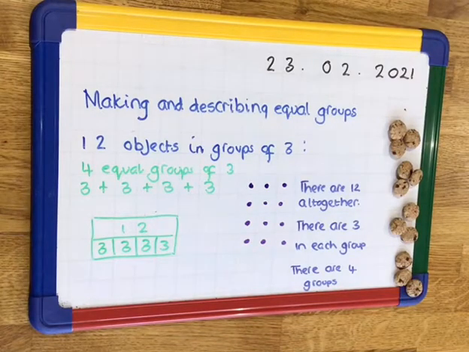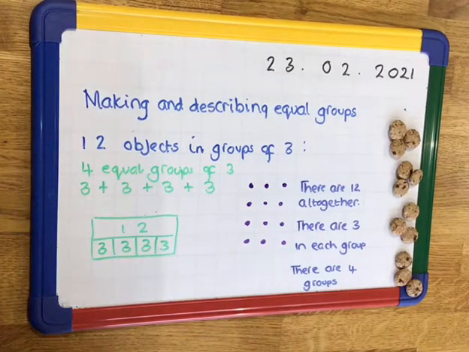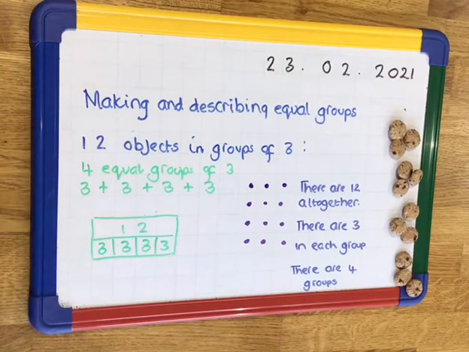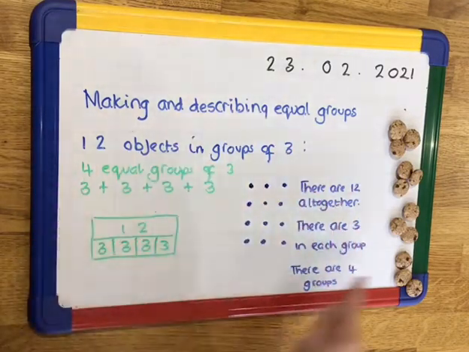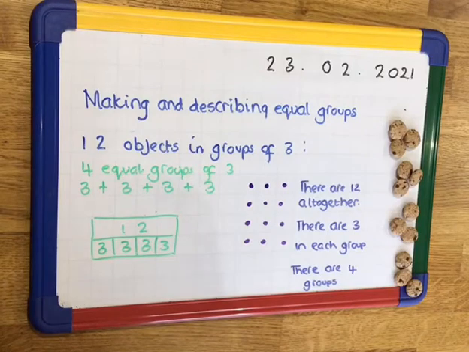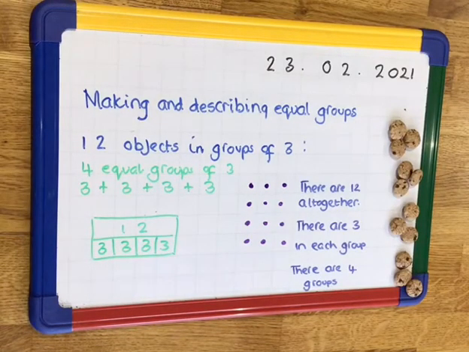And this is what I want you to do today in our activity. There are a series of statements asking you about how many equal groups there will be, and I want you to explain how many objects in each group in these different ways. So, for example, there are 20 and we need 5 in each group. How many groups?